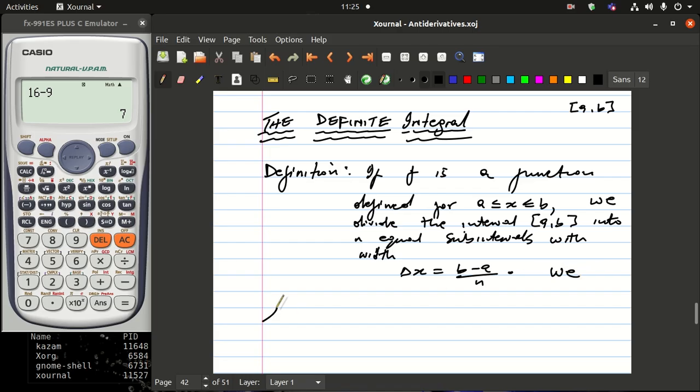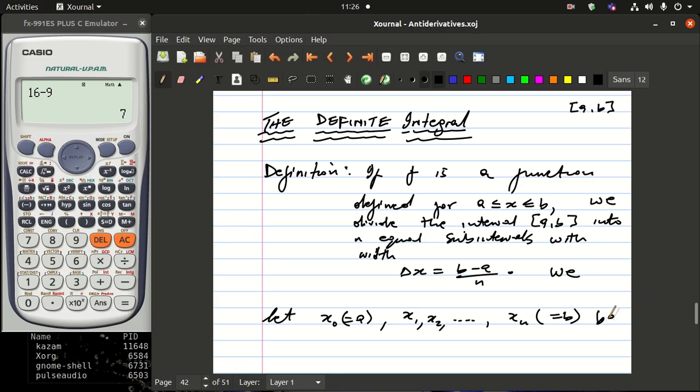We let x0 equal to a, and then we have x1, and then x2, and we go all the way to xn, and this xn is the same as b.